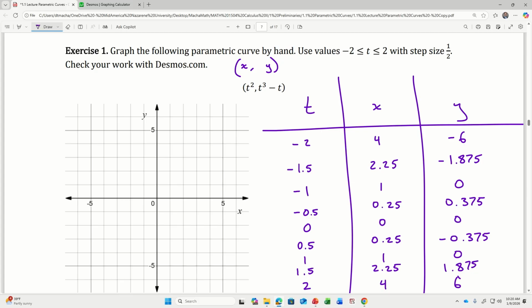All right, and so once I've finally created my whole table of values for my x and y coordinates for every value of t that I'm supposed to use, let's start by plotting 4, -6 here.